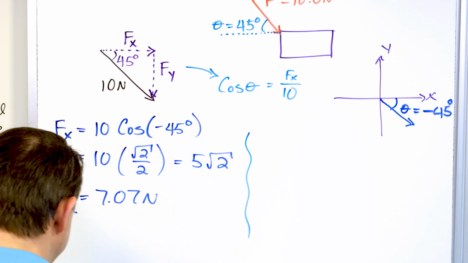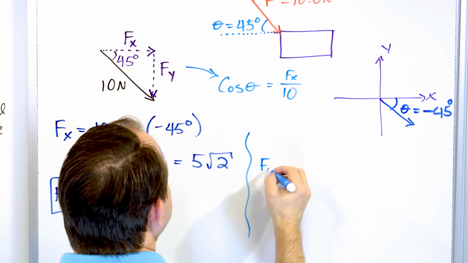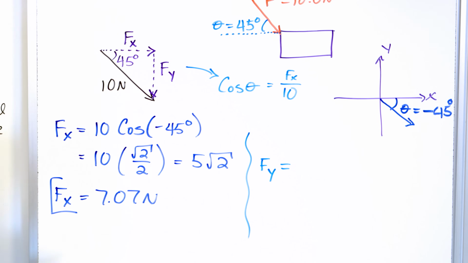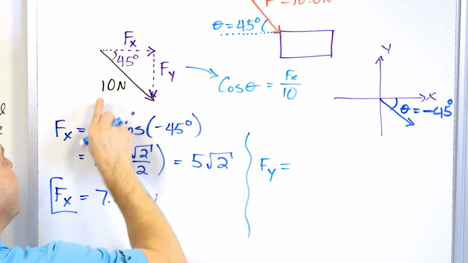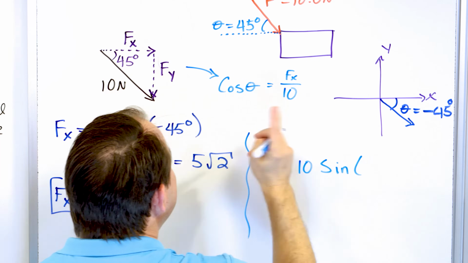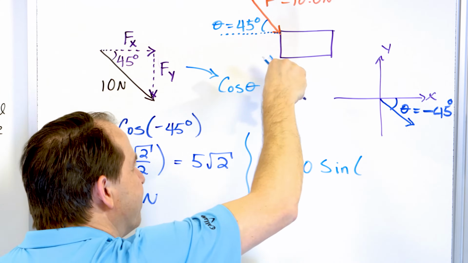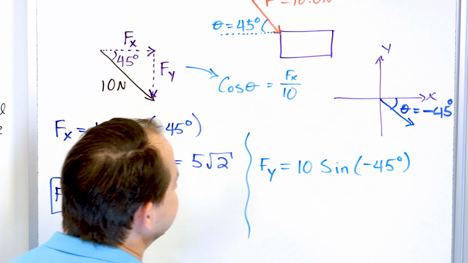All right, so then what we need to do is go and do the same thing for the y direction. So if cosine chops in the x direction, what chops in the y direction? It is sine. So we have to take the total length of the vector, 10, and then we chop it down by the sine of what angle? Well, it's really 45, but since it's below, it's really negative 45, so we put negative 45 degrees.